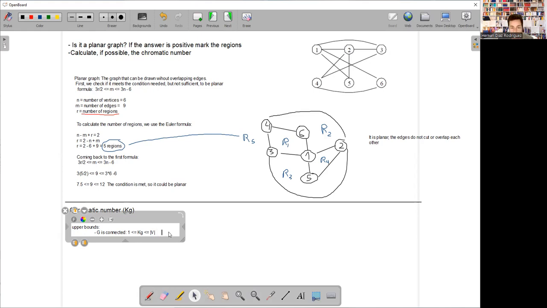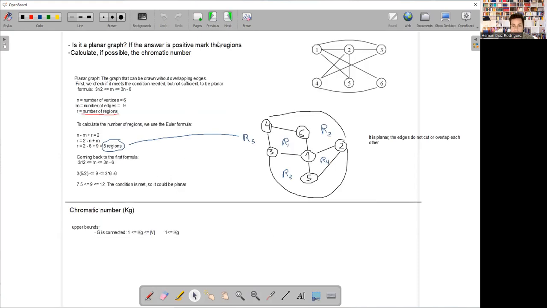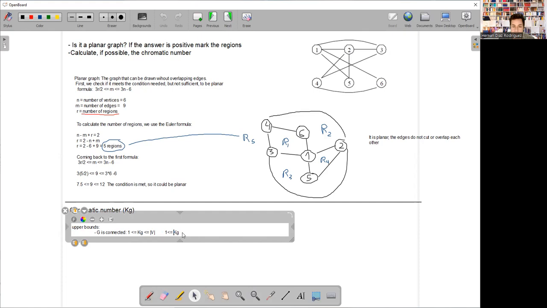Right, so the first bound is that 1 is lower equal than chi sub g, lower equals than 6.